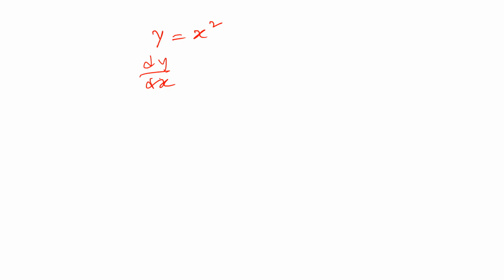You are finding out the change in y with respect to the change in x. So we have to find out the change in the function x square with respect to the change in this x. That means with respect to dx, I will find out the change. So I will take d dx of x square.